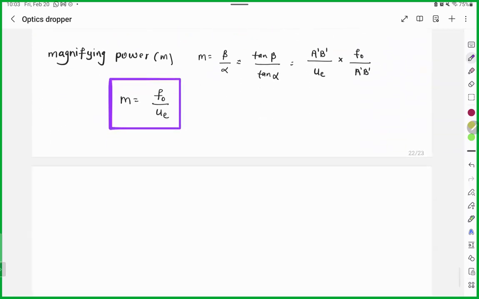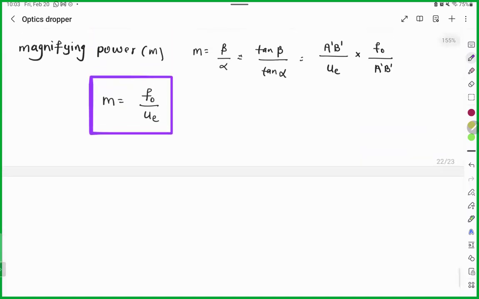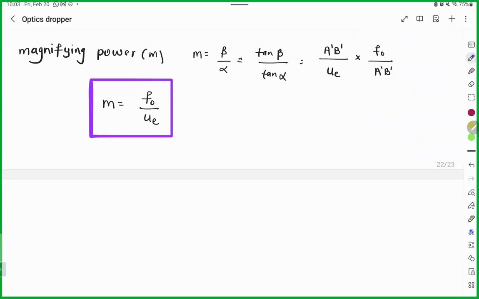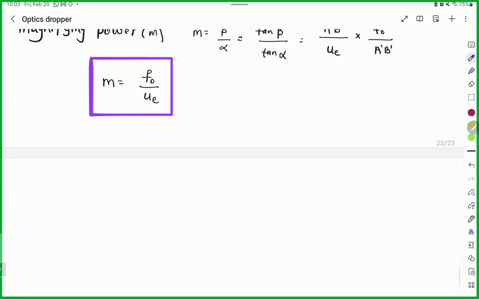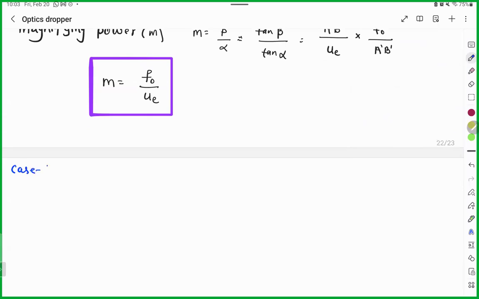Again, two different cases. First, if you take maximum magnification when final image is formed at D, then you have to do proper derivation. Case 1, when image is formed at D, near point.